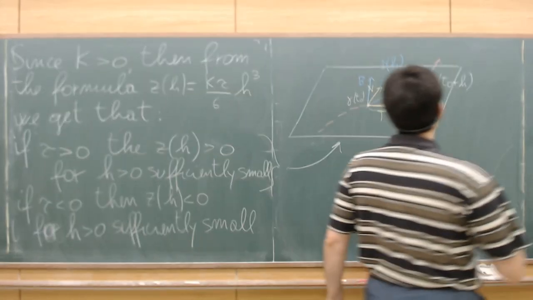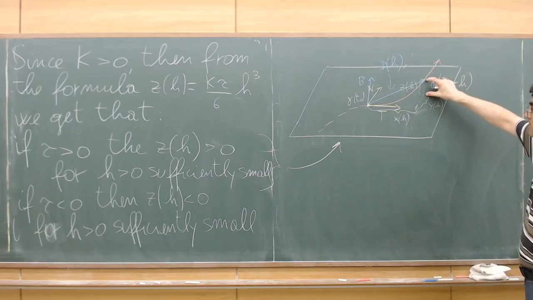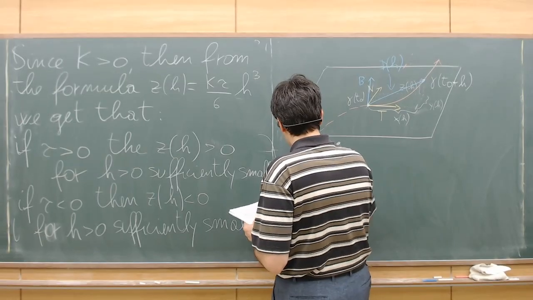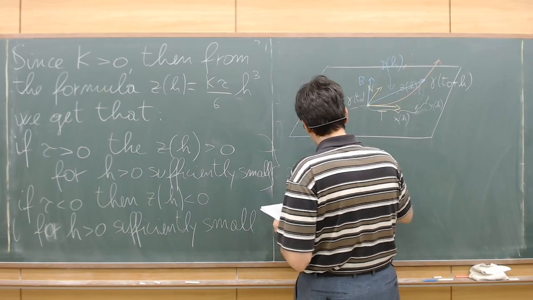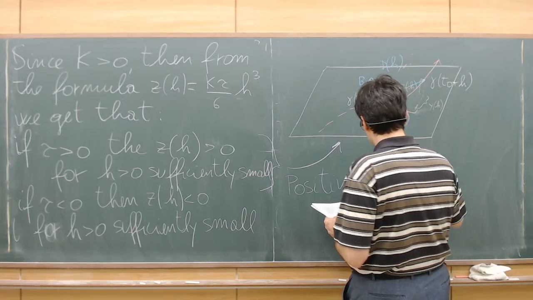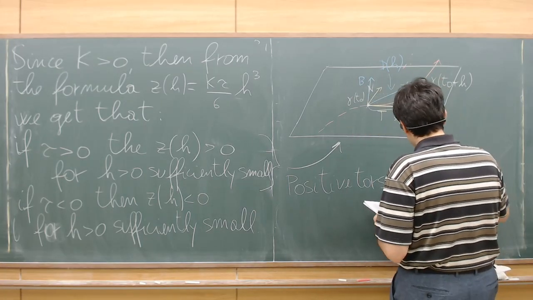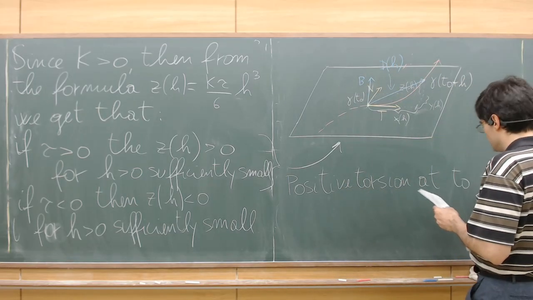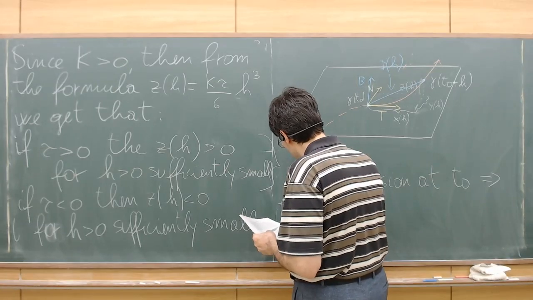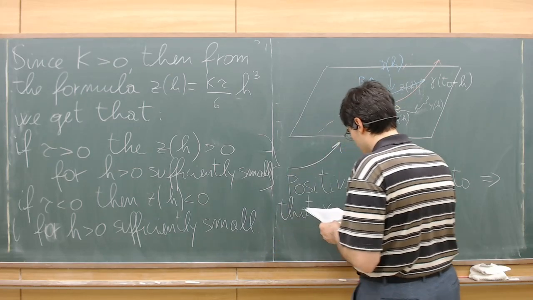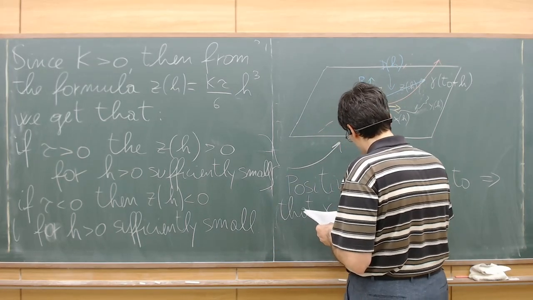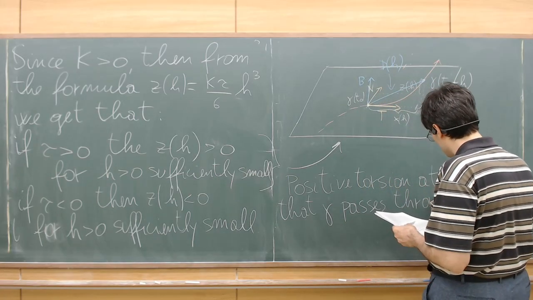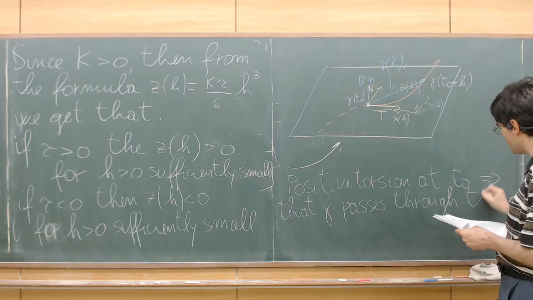Because z of h, which is the length of this segment, is positive, and this means that positive torsion at t0 implies that gamma passes through this plane.